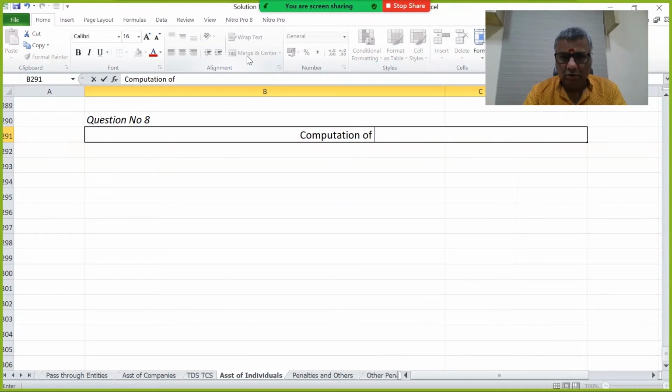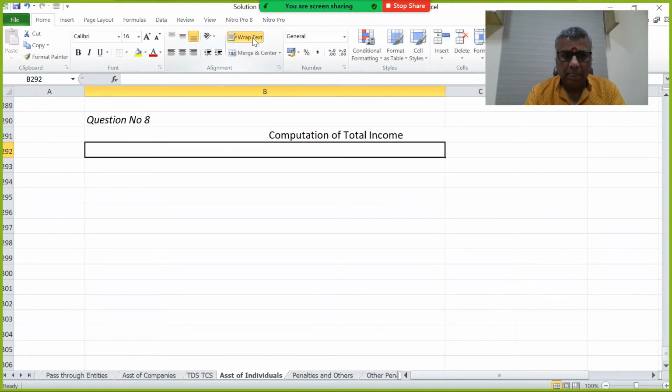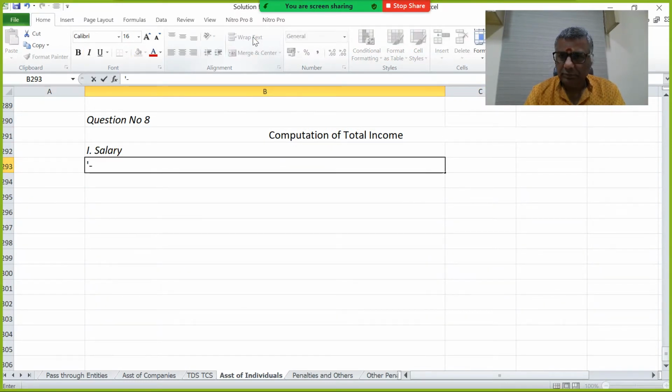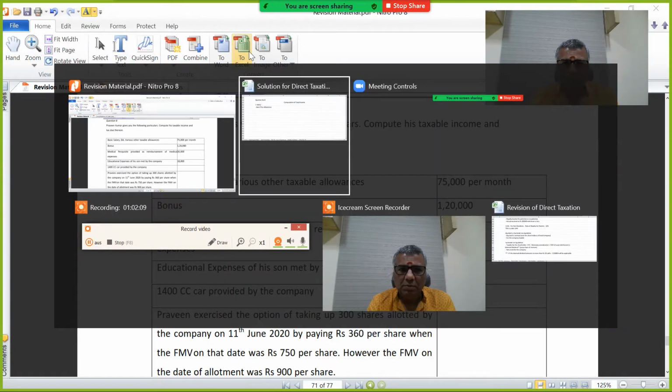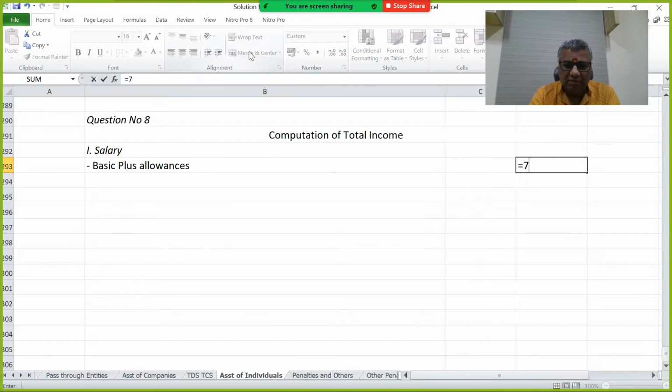Computation of total income, salary. Okay, basic plus allowances. Okay, they themselves have given it as 75,000 per month. 75,000 into 12.